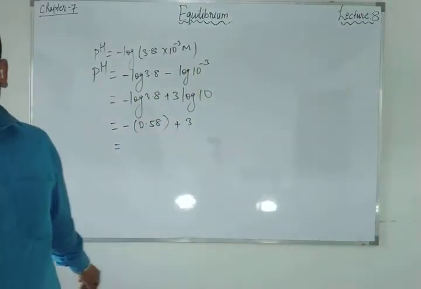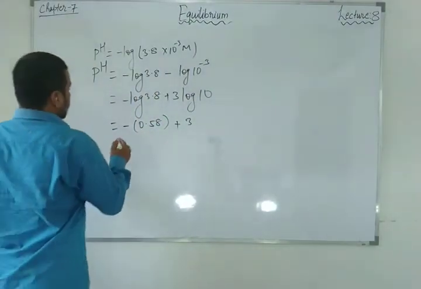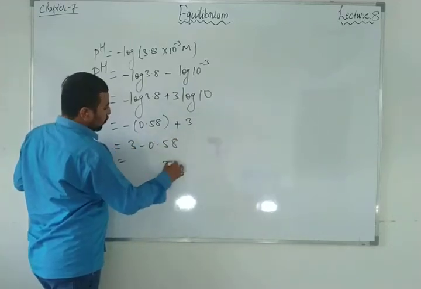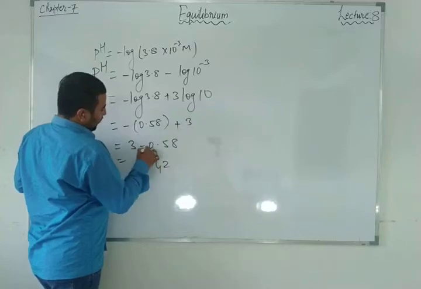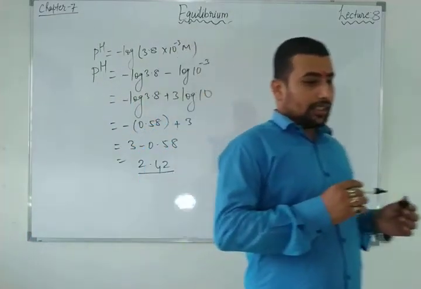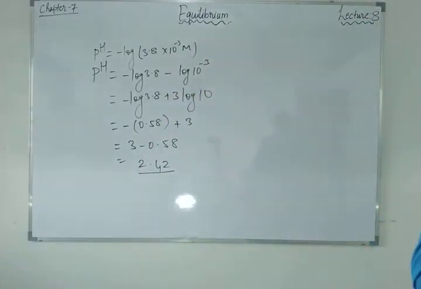Sorry, 3 minus 0.58, what will be the value? 10 minus 8 is 2, 9 minus 5 is 4, so 2.42. The pH of the soft drink is 2.42.